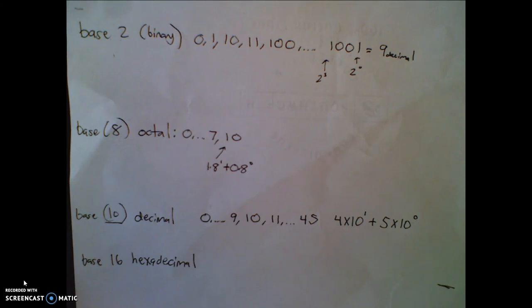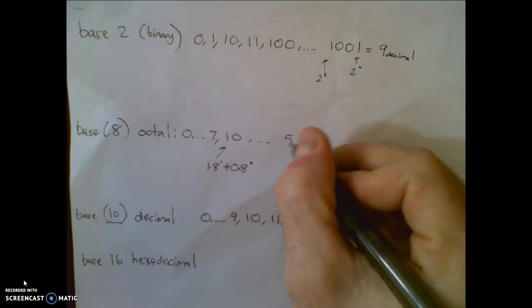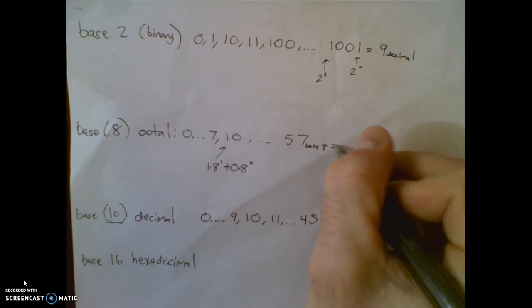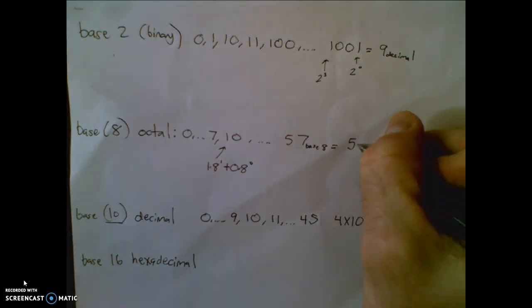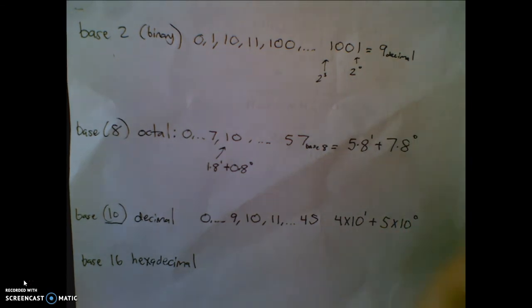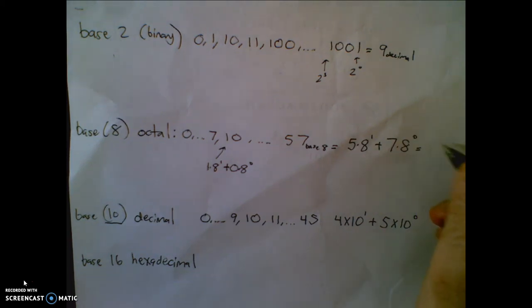Same way, if you got a number, let's say 57, base 8, and you wanted to convert that to decimal, that would be 5 times 8 to the first plus 7 times 8 to the 0, which is always the ones digit. So that would be 40 plus 7, which is 47. Okay, so that's how these different numbering systems work.